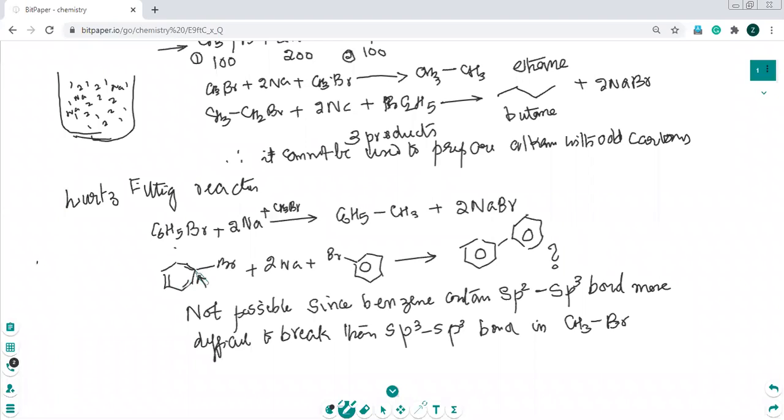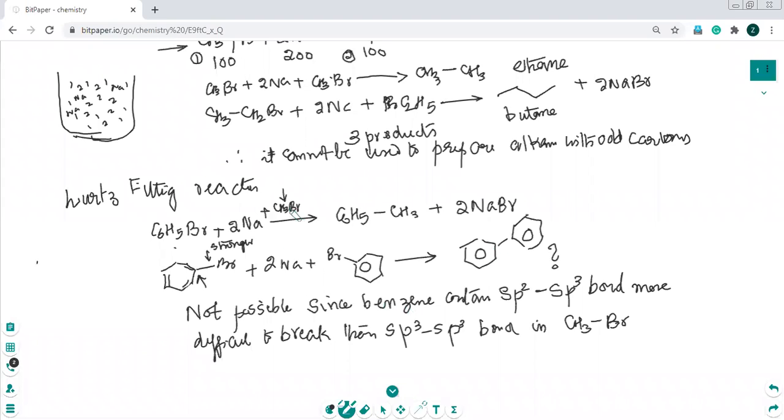When you have a double bond on a carbon, it will be sp2. When there is no double bond, it will be sp3. When you have a triple bond or 2 double bonds, it will be sp. So this bond is stronger than this bond, so it is not easily formed here.